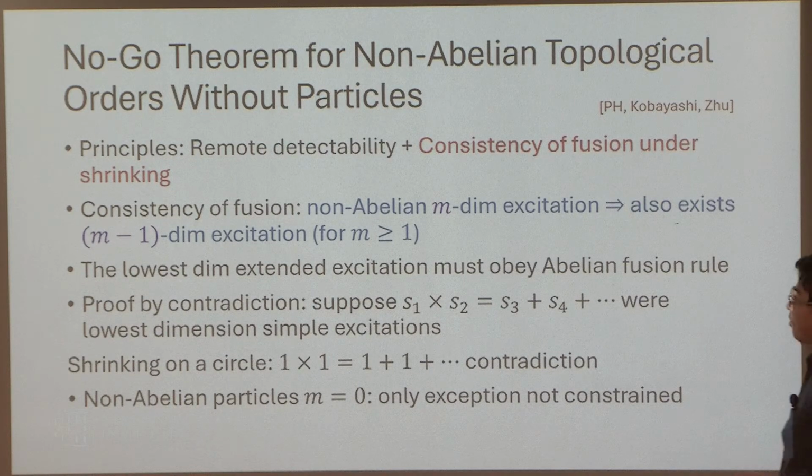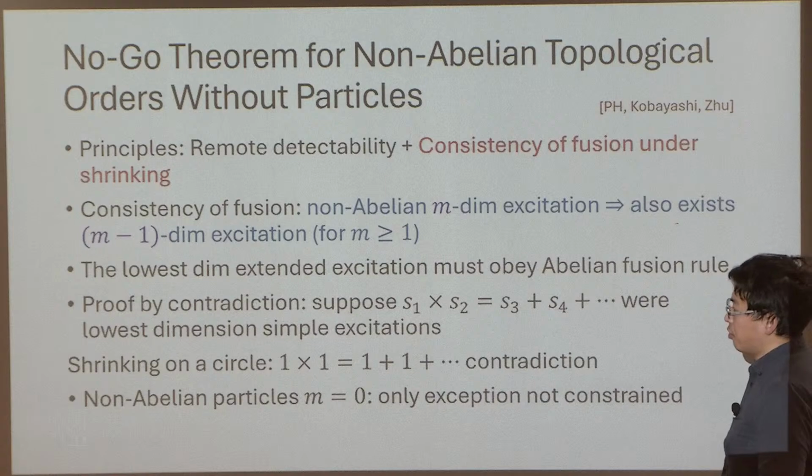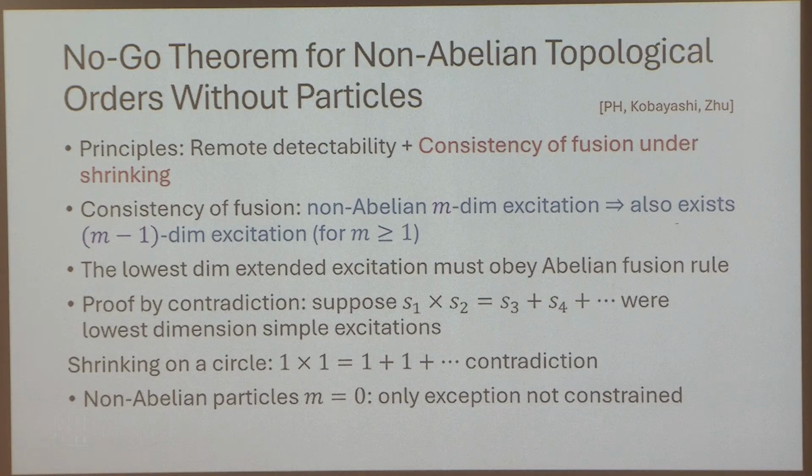So the rule is the following. If you have a non-abelian excitation which is n-dimensional, then there must also be an (n-1)-dimensional excitation in the theory. Here n has to be greater or equal to 1. It can be proved by contradiction.